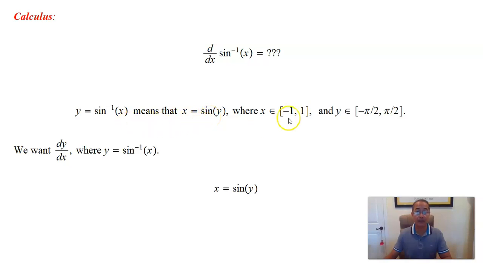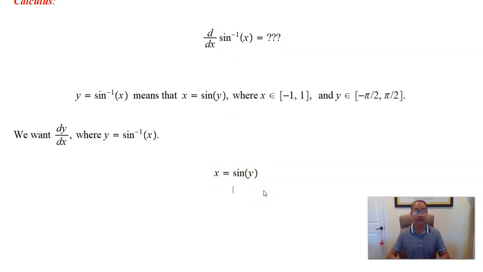Okay, and again, x and y belong to these restricted intervals. We want, however, dy/dx, where y is inverse sine of x. So we will use this equation x equals sine y, and we will do the derivatives implicitly.